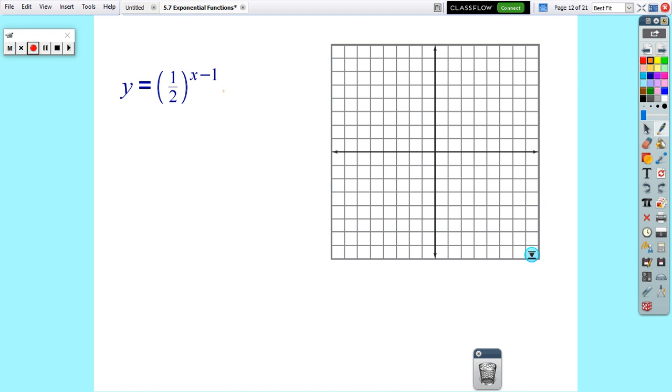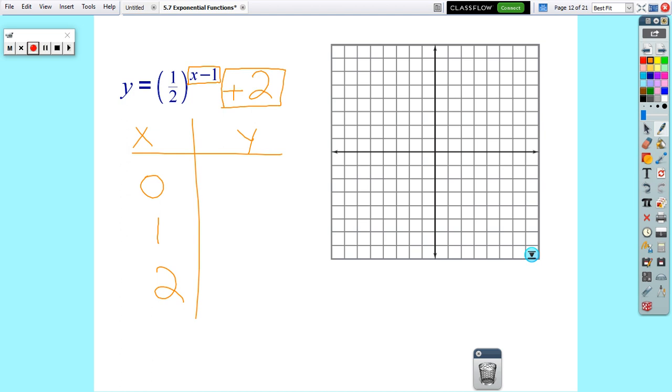We're going to do this one here. I'm going to add this on for us though. Okay, so first thing we want to look at is the exponent. What number can we put in for x that is going to make our exponent 0? That's 1. We want to take one number before and one number after. This number right here is going to tell us where our asymptote is at.